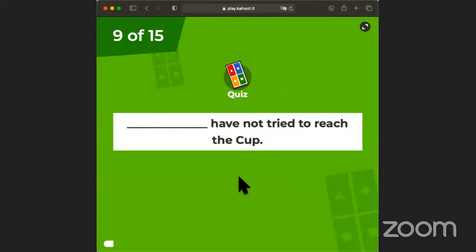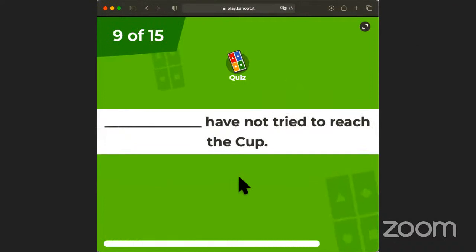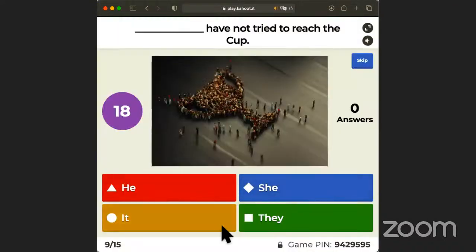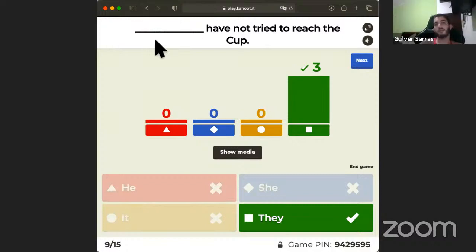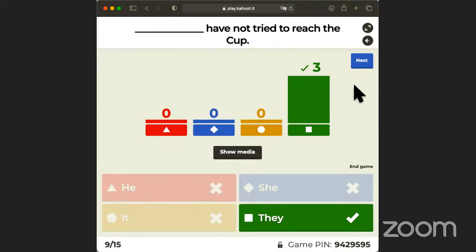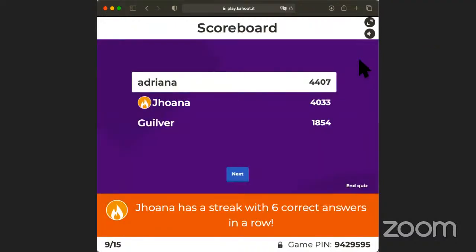Next one. He, she, it, they. Right. Gilbert, can you read this one, please? They have not tried to reach the cap. Thank you very much. Great job, guys.